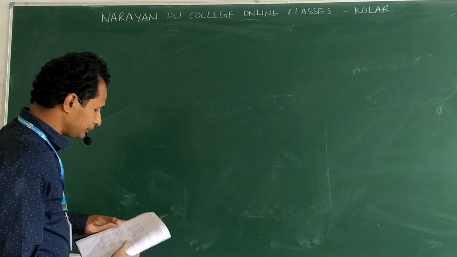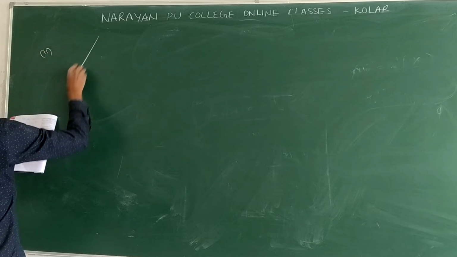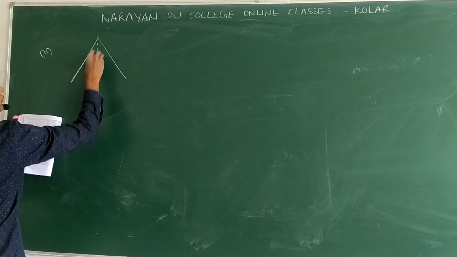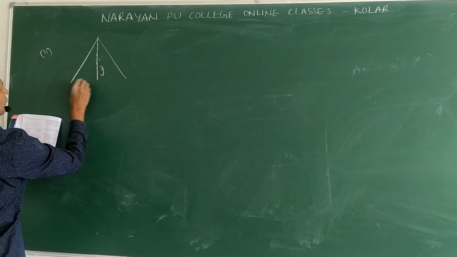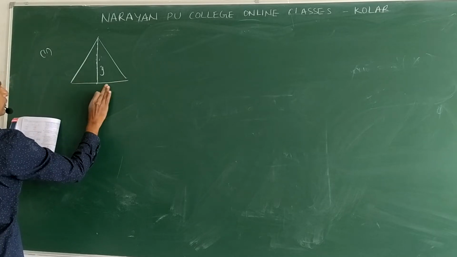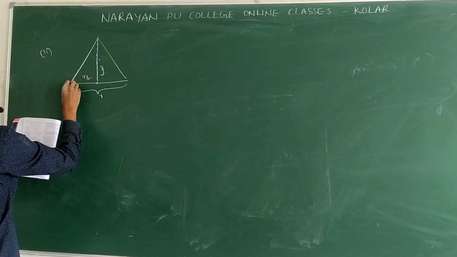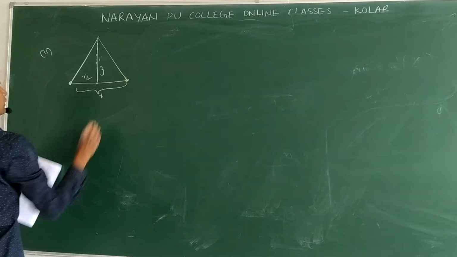The given figure, question number 11. First situation, this distance they given y and the total distance they given r. At equilibrium position, this total distance is r. This is r by 2, this is one charge and this is another charge.